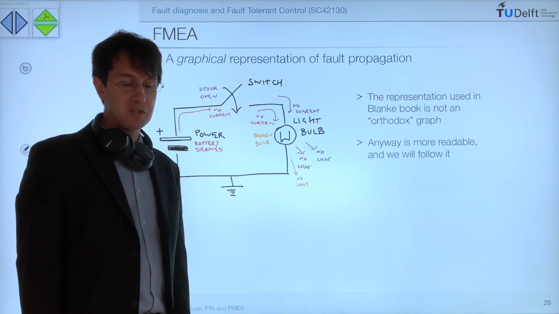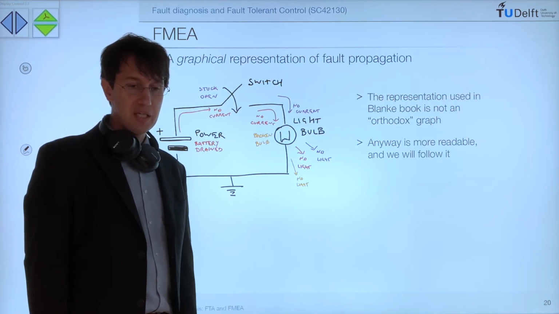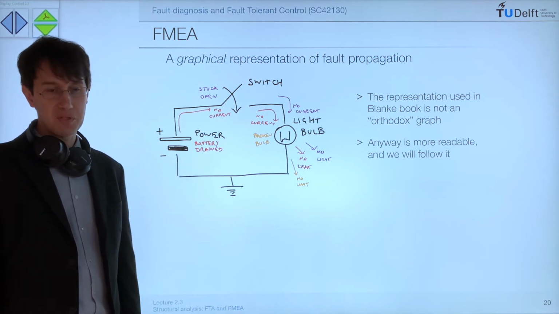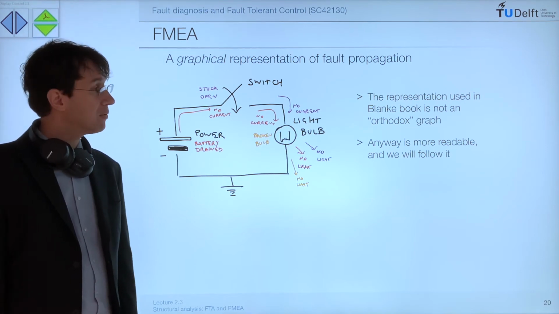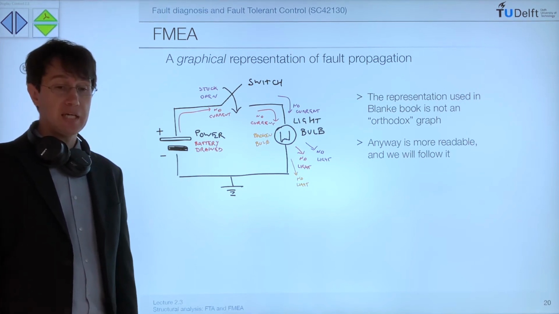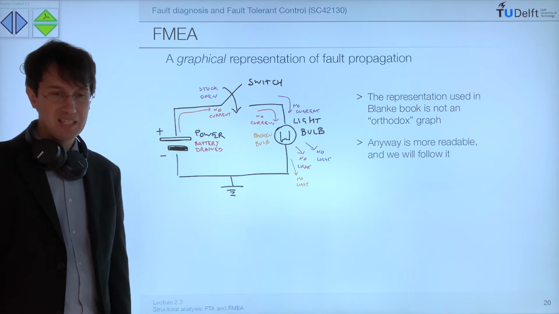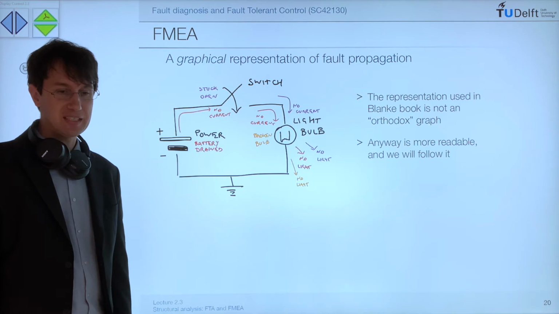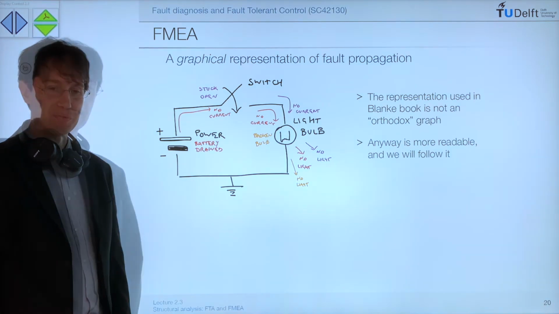This kind of intuitive representation that I used is not the one that is normally used to do the FMEA analysis. There is another one in the book by Blanke that is not an orthodox graph, but it's more effective. So we are going to use it.